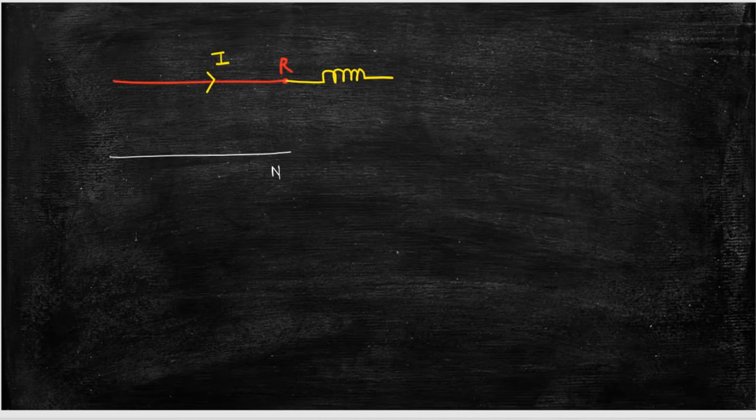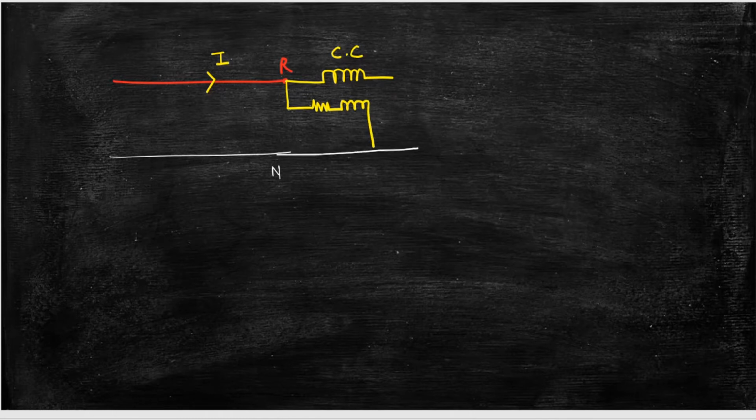To carry this current you require a current coil, and the pressure coil is connected from phase to neutral, because we are going to measure the voltage V between phase and neutral, called V phase. That's why we connect this pressure coil PC across the V phase.